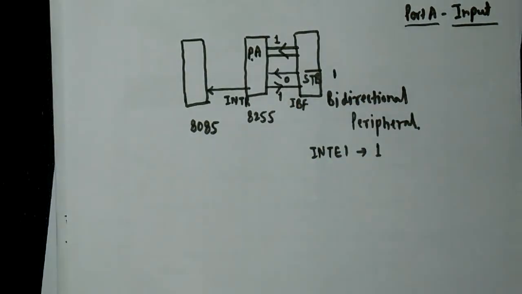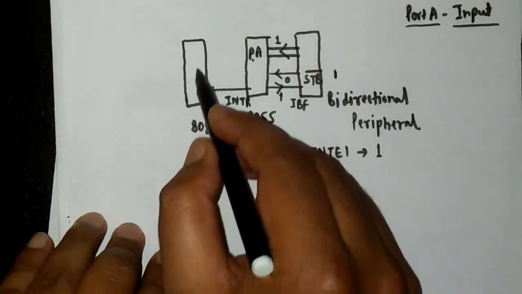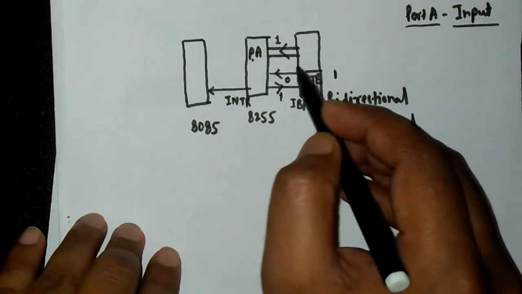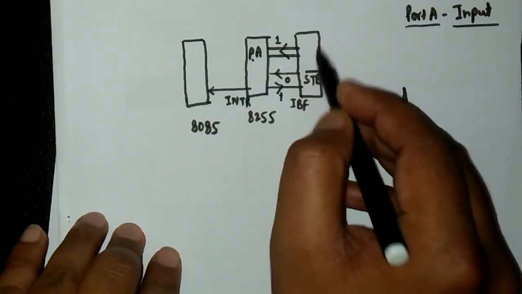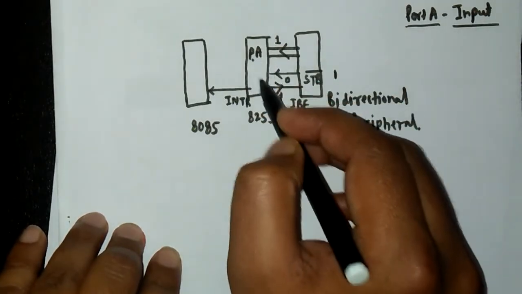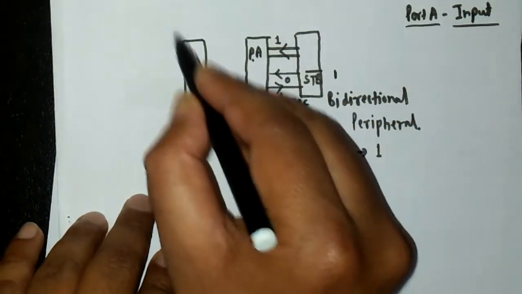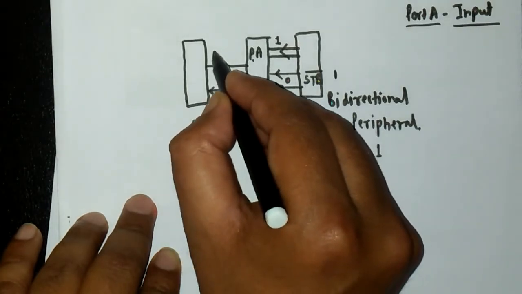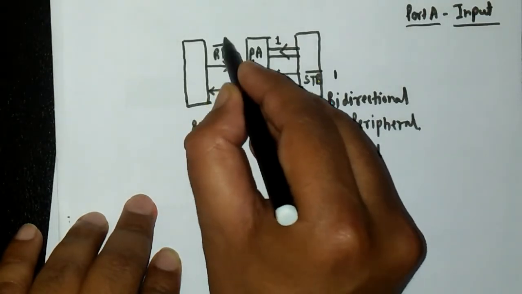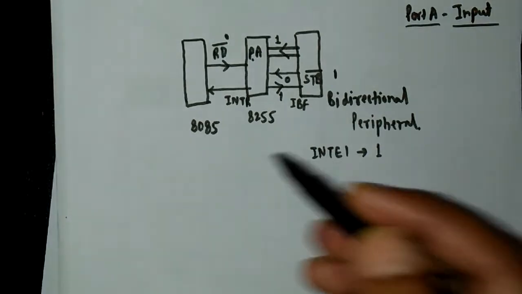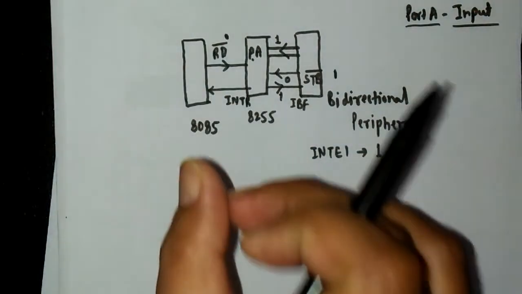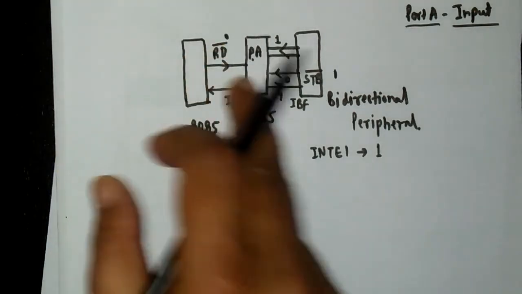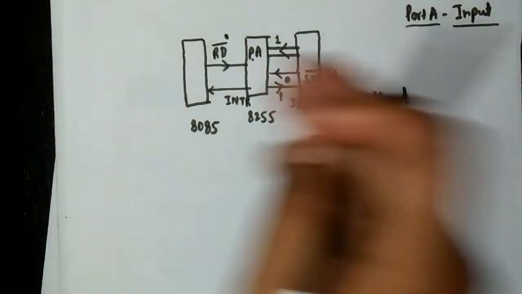Okay, so after that, a subroutine will be run here. The 8085 will run a subroutine to read the data present on port A of the 8255, and for that, in the subroutine, the 8085 will put a low on the RD bar signal. That means in between the subroutine there will be a time when the 8085 will keep 0 on the RD bar pin in order to read the data present at port A.